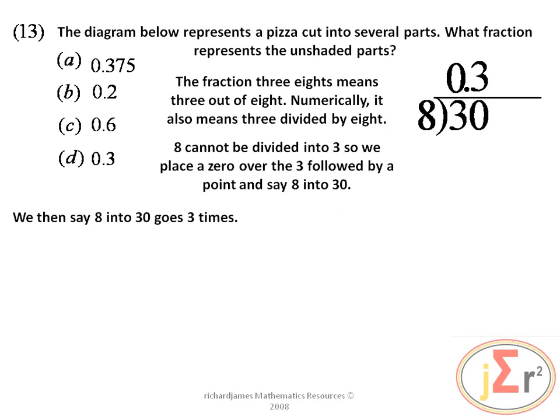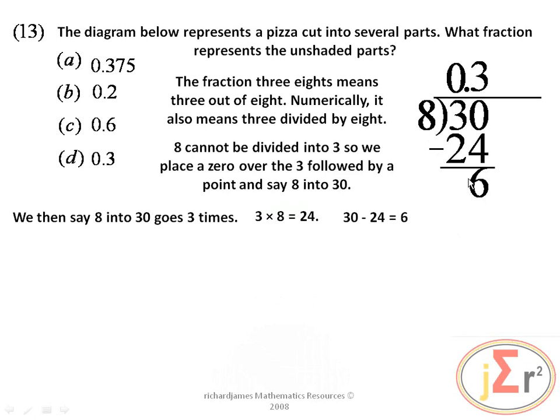But although it is able to go into 30 3 times, it does not divide into 30 exactly. So 3 times 8 is equal to 24, and we are going to subtract the 24 from 30. So we have 30 minus 24 is equal to 6.